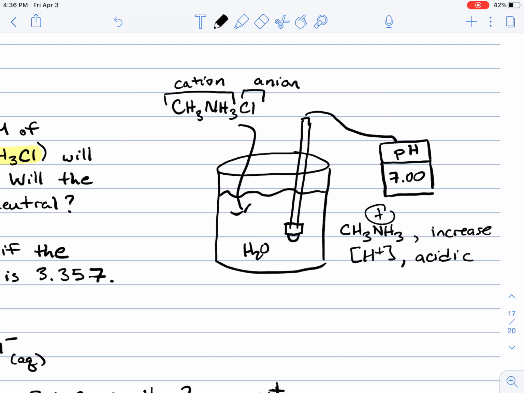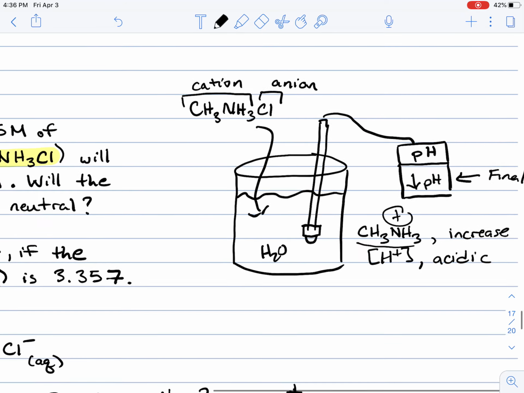If the initial pH was 7, then after we add methyl ammonium chloride, the pH is going to decrease upon addition of this ionic compound.